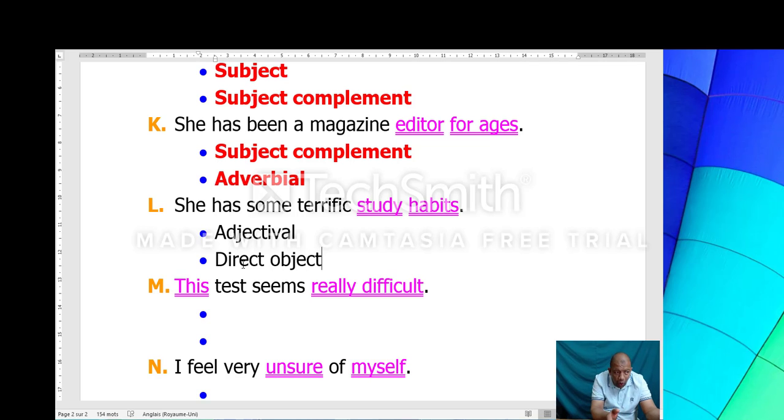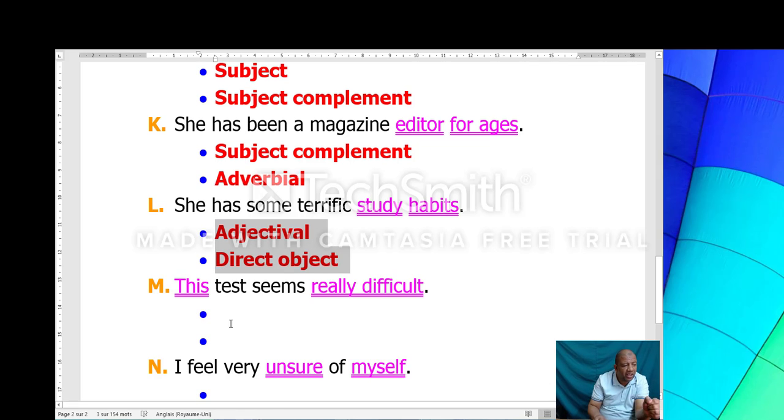She has what? Habits. Okay, because some and terrific and study are just modifiers. But the key word here concerning study and habit is not study, but habits. That's why we call it direct object. This test.